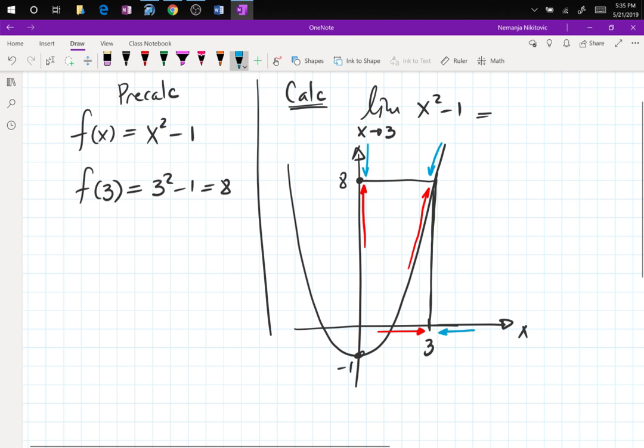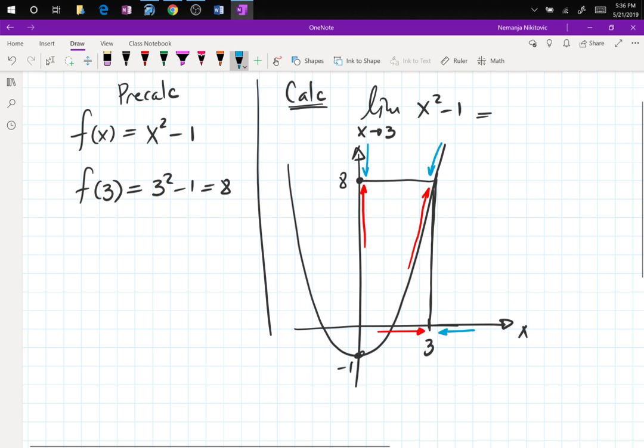And what you see here is that they approach from two sides. And as they approach from two sides, their y values approach, and they meet at 8. That make sense? So as it squeezes here, it squeezes there, it squeezes there, and there it is.